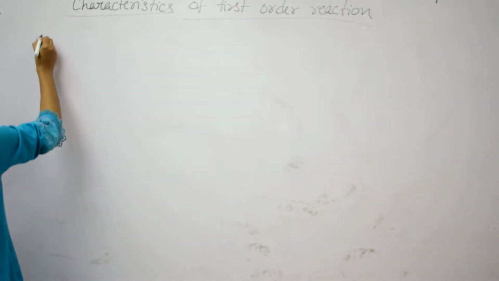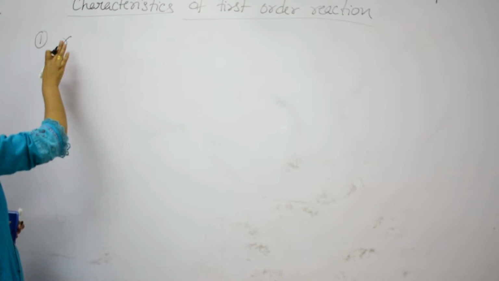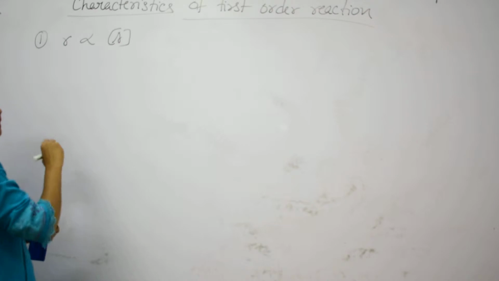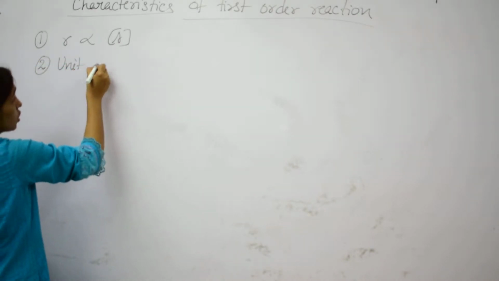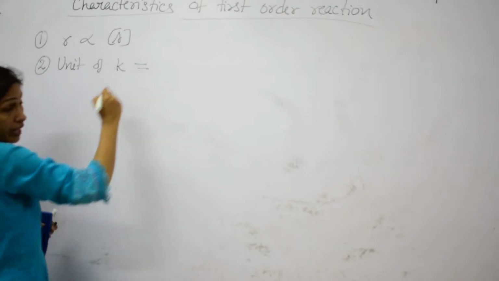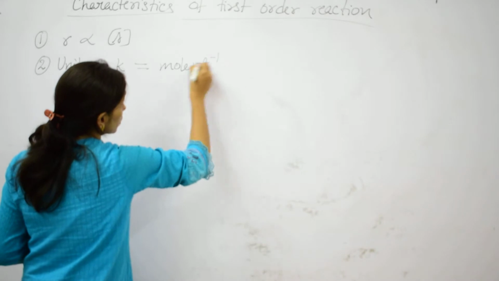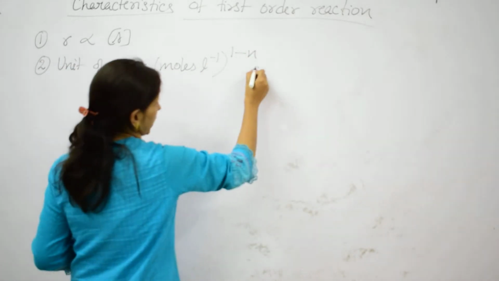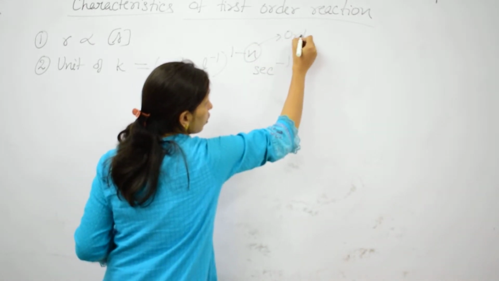First thing, in first order reaction the rate only depends upon the concentration of one of the reactants, and the unit of rate constant we can get by moles per liter to the power 1 minus n per second. n here represents the order of the reaction.